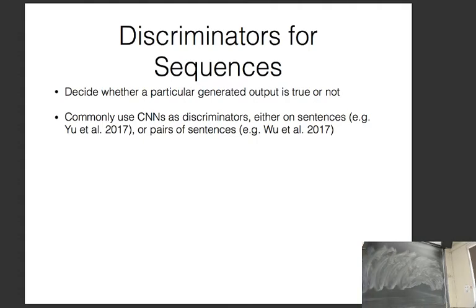Note that when we're using regular CNNs, this is for methods that generate a single output, X. Often we'll also want to use GANs, or something that looks a lot like a GAN, when we're taking in an input X and we would like to output an output Y, like for machine translation or dialogue response generation. If that's the case, it gets a little bit more complicated, but not a lot more.